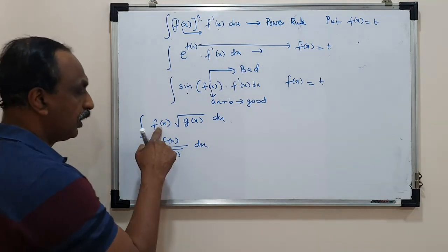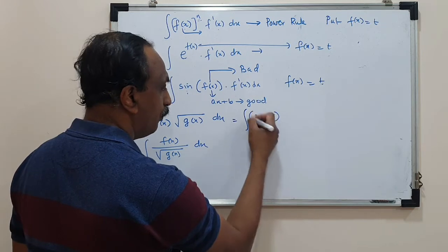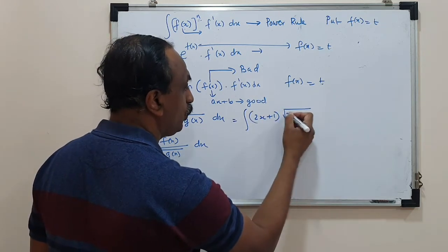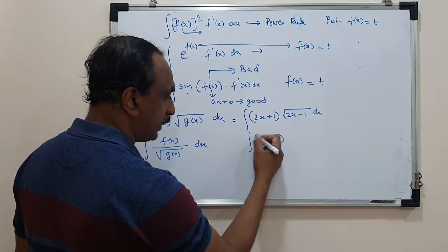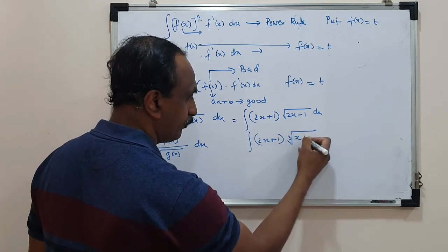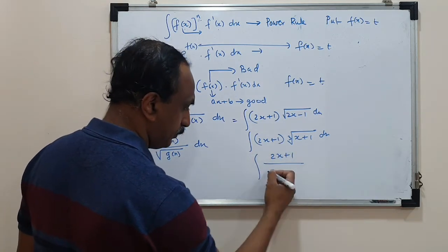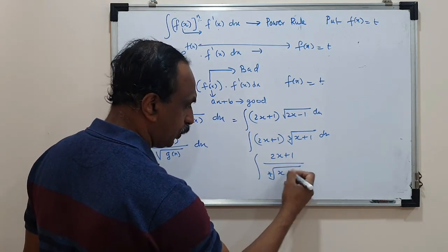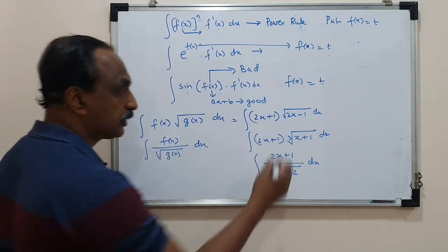Then, there are many terms, but one term with either a square root, or another term with another type of function, a cube root or a fourth root. For all this type of function, what is the technique that we use?